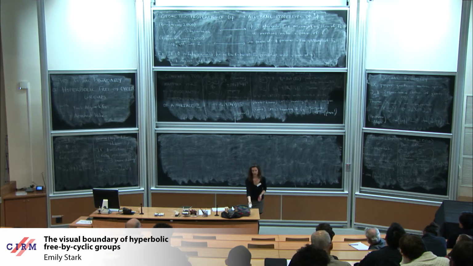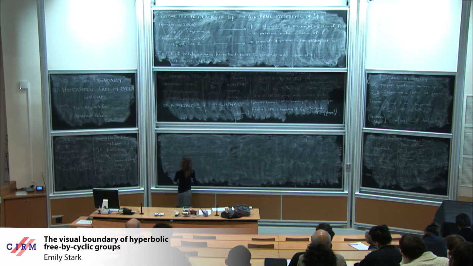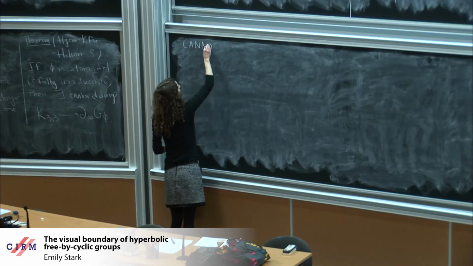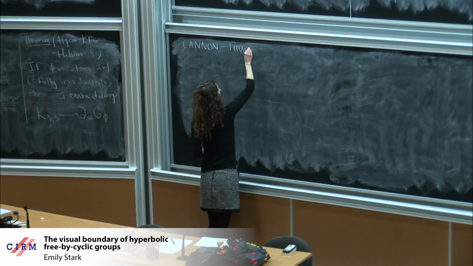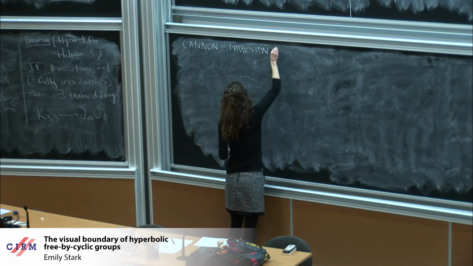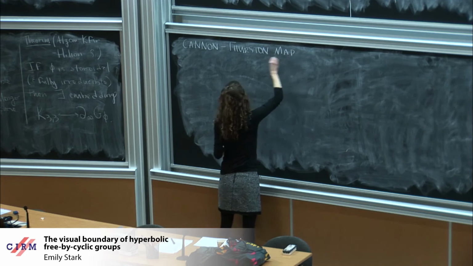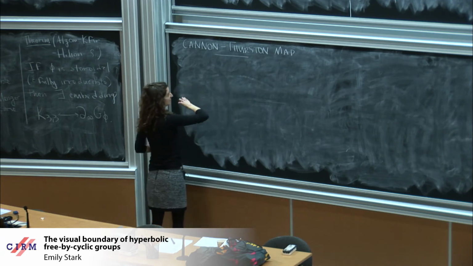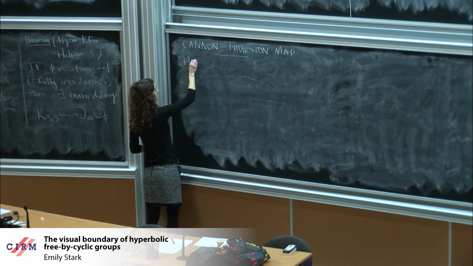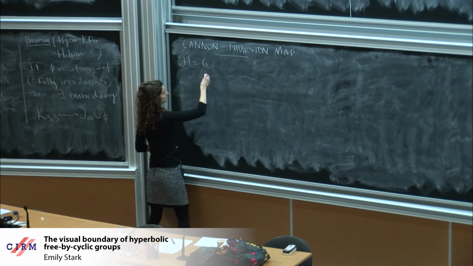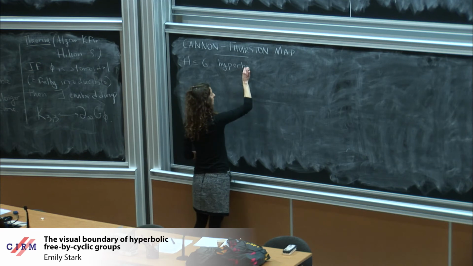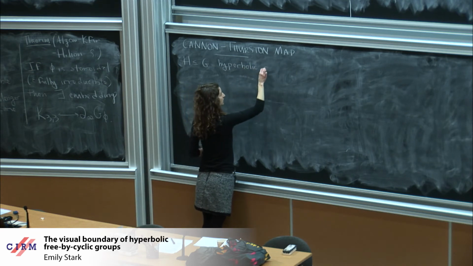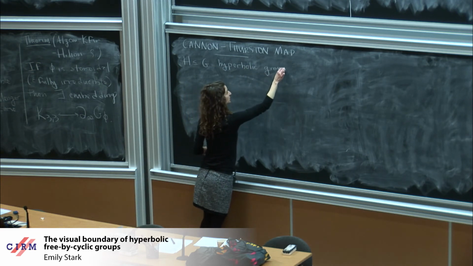So the main tool we use to study these boundaries is the Cannon-Thurston map. And the general setup is, suppose that H is a subgroup of G, and H and G are hyperbolic groups.